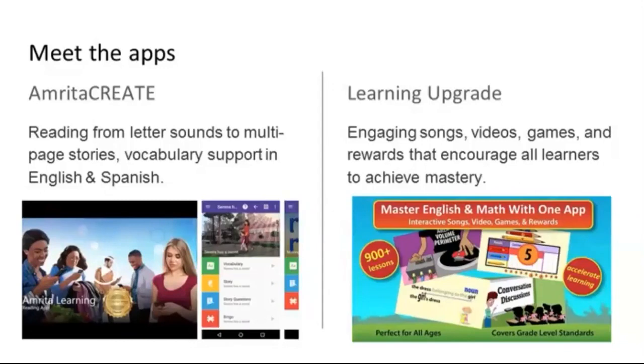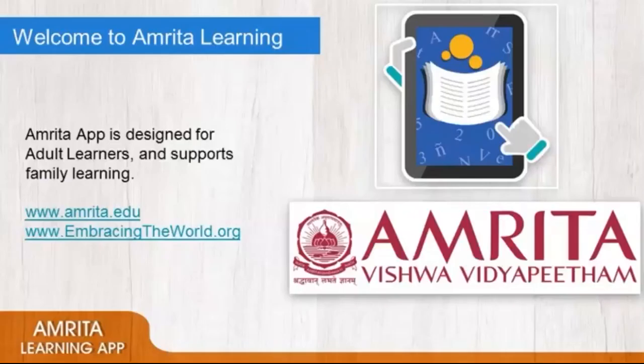I'll just go over Amrita Learning, our features, and then we will move into how it can be implemented in the field. Amrita Learning is an engaging, leveled K-8 reading curriculum designed to be visually appealing and easy to use. The Amrita app was made for adult learners.